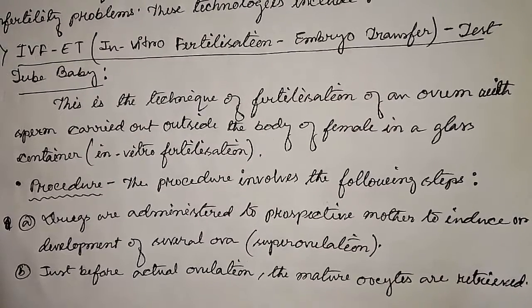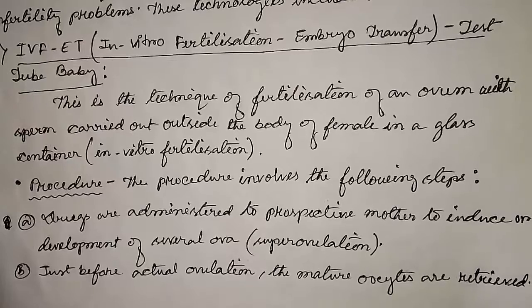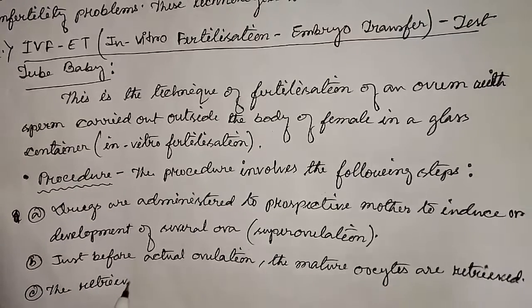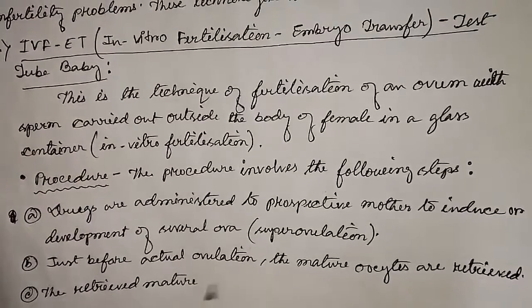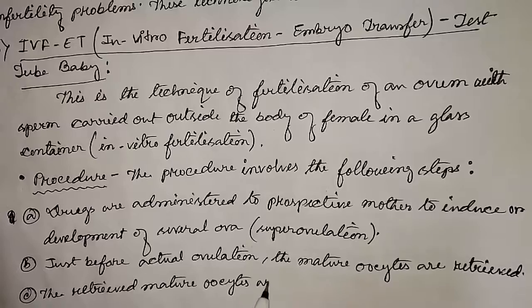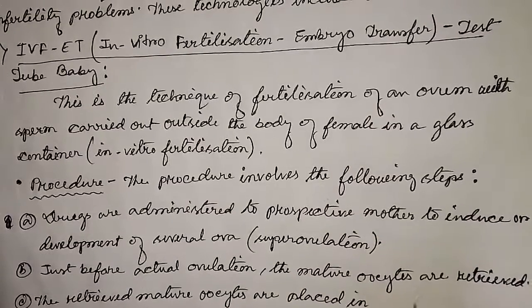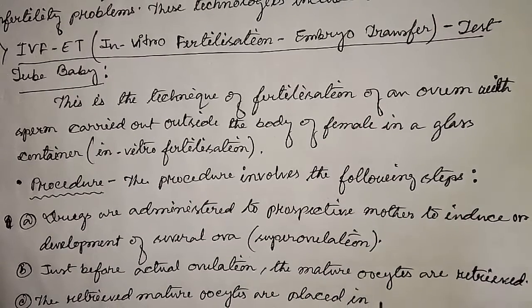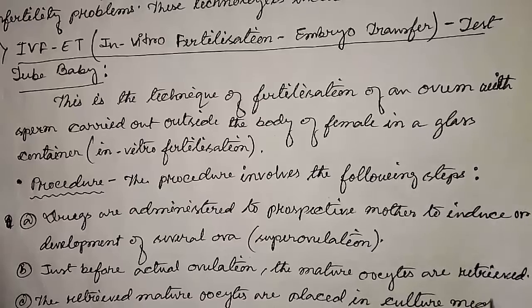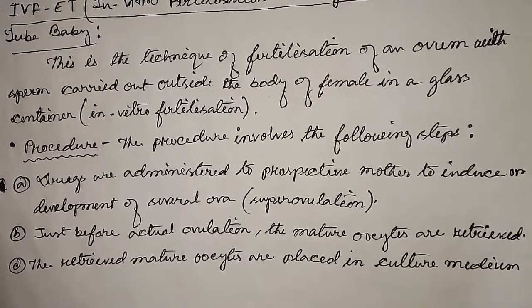Okay. Now the next step is that the retrieved mature oocytes are placed in culture medium containing nutrients.